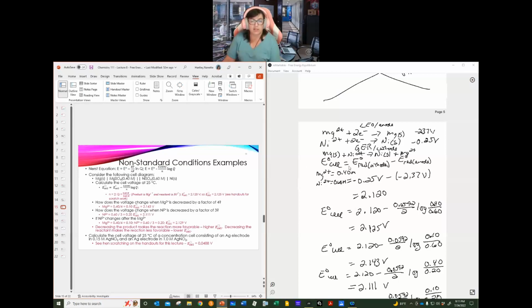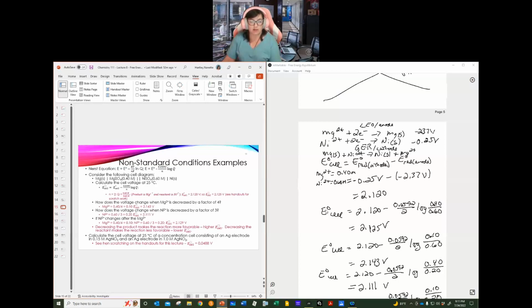So my E naught cell equals the E naught reduction for the cathode, all right? My cathode is where I gain electrons, reduced at the cathode. So that's this one, the negative 0.25 volts. I subtract the E naught reduction for the anode, which is, I'm subtracting the negative 2.37 volts, which gives me 2.120 volts. So that's my standard.